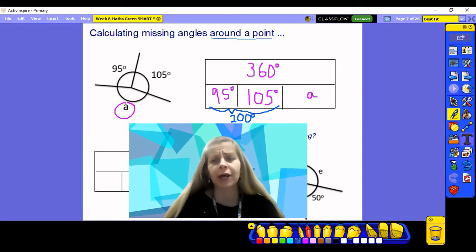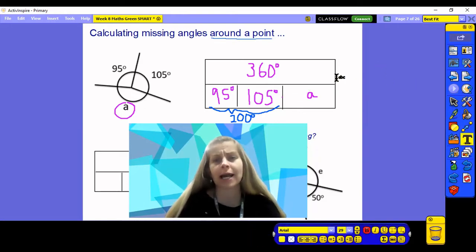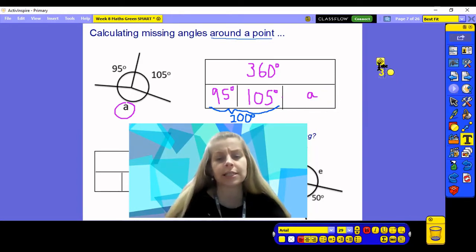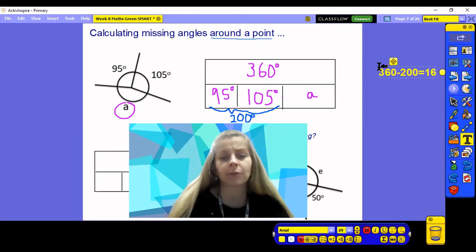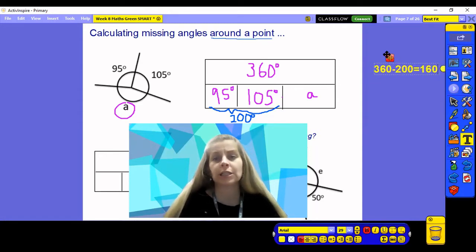So hopefully you will have been remembering from yesterday how we can calculate that missing angle. For this, we will need to do our 360 degrees, and we're going to be taking away our known amount and seeing what we are left with. And you should be able to see that we are left with 160 degrees. And obviously you can write that in a column.